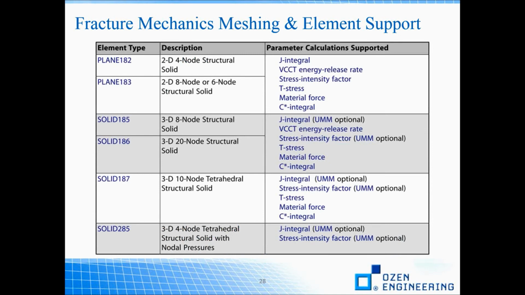In terms of element types and support by ANSYS for fracture mechanics, ANSYS supports fracture mechanics calculations on certain structural element types as listed in this table, and this table can be found in the ANSYS APDL fracture analysis guide.